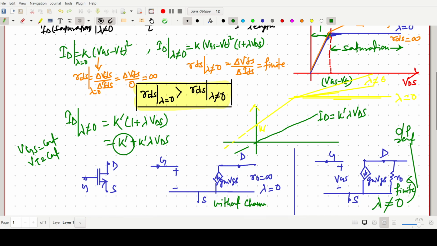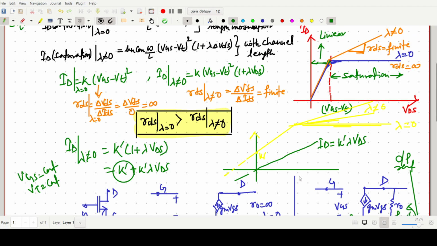So we can say the output resistance will be decreased.